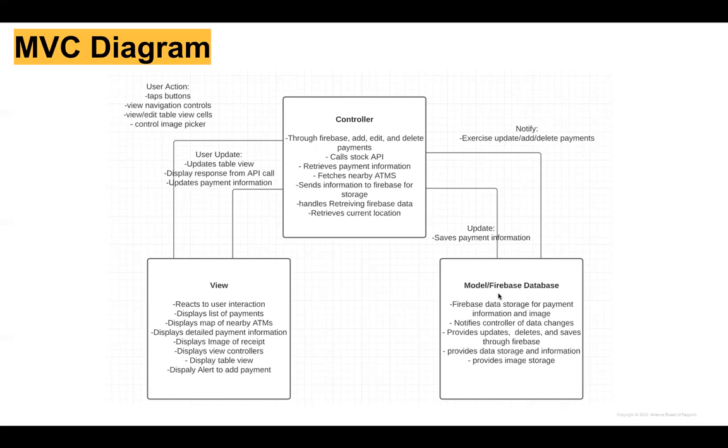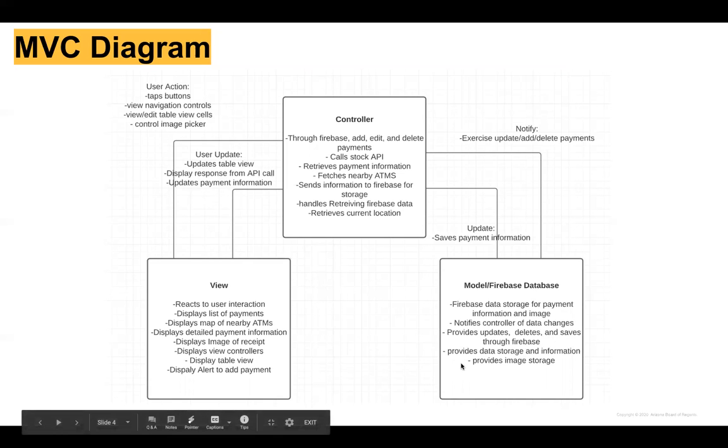In the model, I have the payment and stock models. Also, Firebase utilizes the data storage for payment information and image. It notifies the controller of data changes, provides updates, deletes, and saves through Firebase, and provides data storage and information.